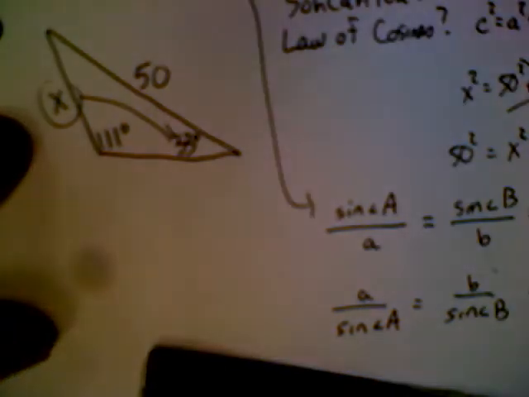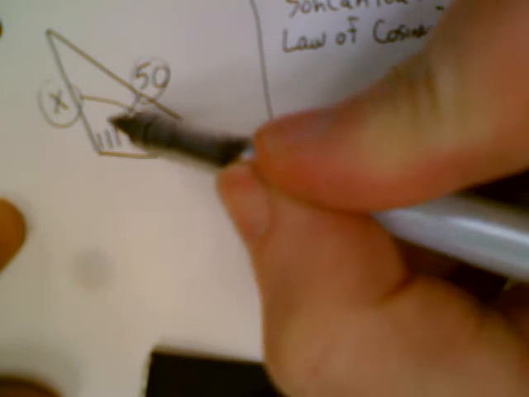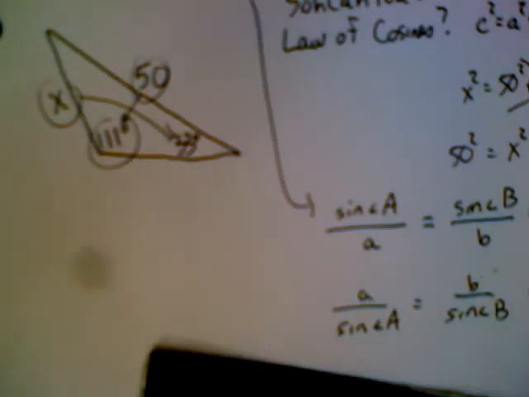This side is across from this angle, and conveniently, we have another side across from another angle. So if we have two pairs like that, we can use the law of sines to solve for the one missing part. Again, since this is a side length, I'm going to use the version of the law that has side lengths in the numerators.